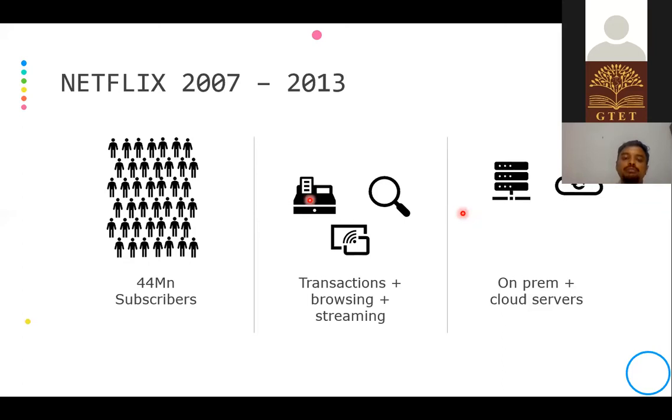So they had to stream data that was stored on their networks to outside end consumers, right? During this phase, Netflix did this using on-prem plus cloud servers.